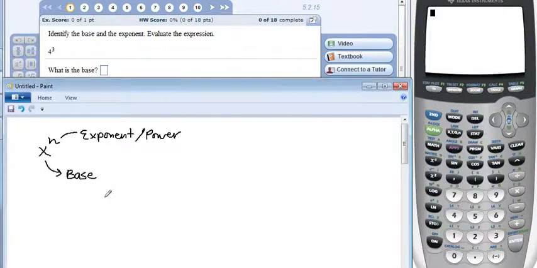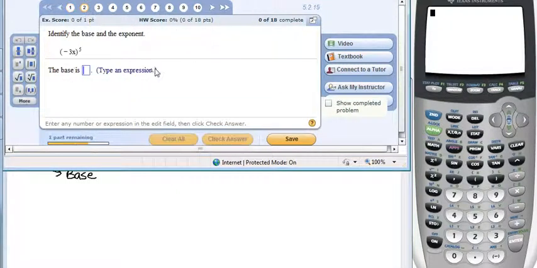What does that mean? It means, not 4 times 3, but 4 times 4 times 4. You multiply the base times itself this many times. So that's what an exponent is, a shorthand notation.